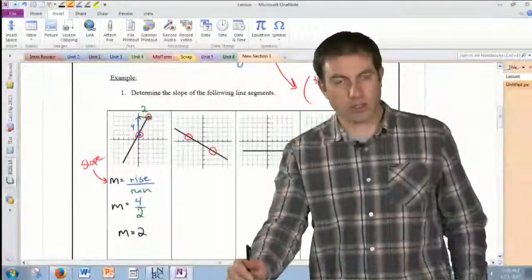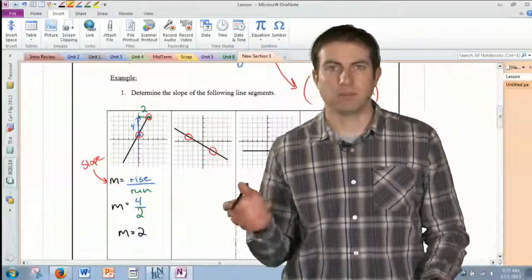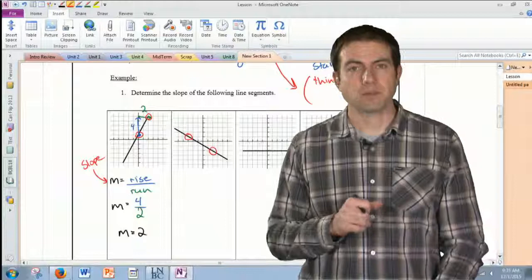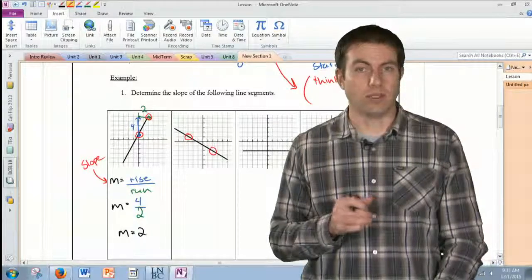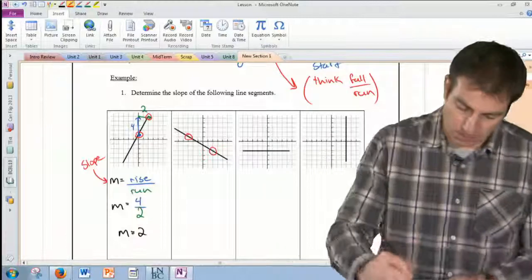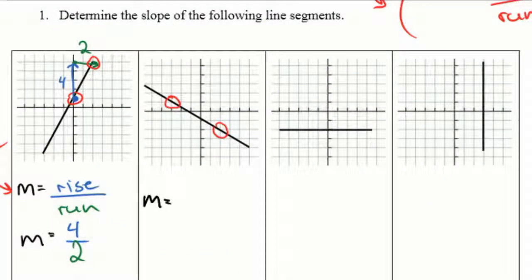So again, we're going to start at the left point, your left, which is my right, and go across from left to right. And we're going to see what the rise is, and then we're going to divide it by the run. You could maybe see the problem we're going to run into here is that we are not going to be able to rise to get from our left point to our right point.